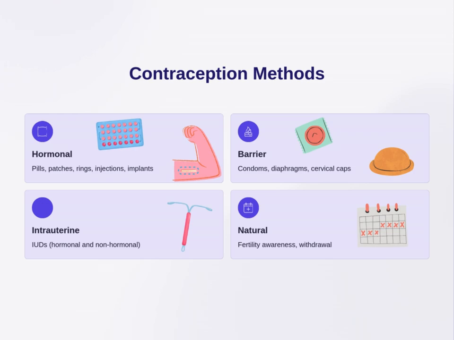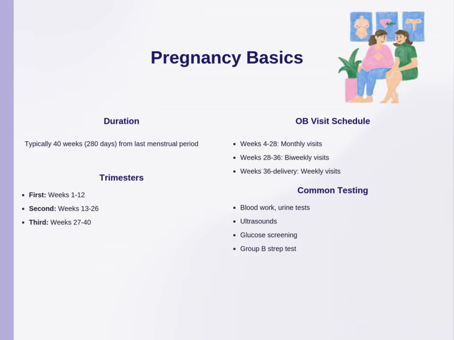And then there are natural family planning methods, which are being aware of when you ovulate. You have to be really good at that. That is not for people who are not going to stay on top of it. So, again, which method is chosen is really dependent on the person, it's very individualized.